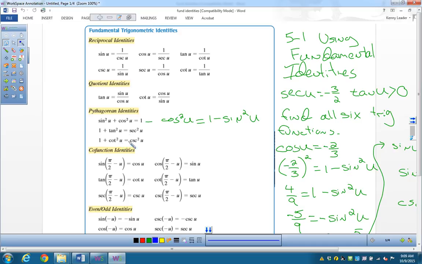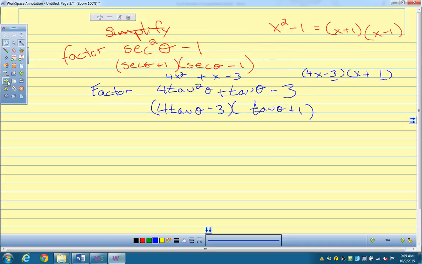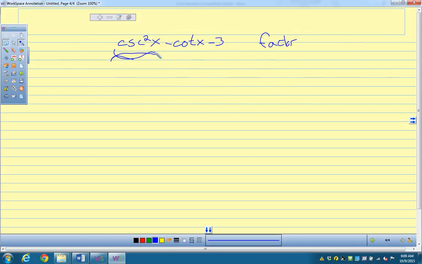So I'm going to reuse this identity to rewrite this with a cotangent in it, because I can't factor things that have cosecants and cotangents, kind of like factoring things that have x and y's. Okay? So I'm going to rewrite this as cotangent squared x plus 1 minus cotangent x minus 3.